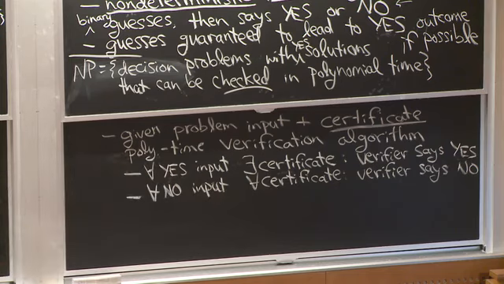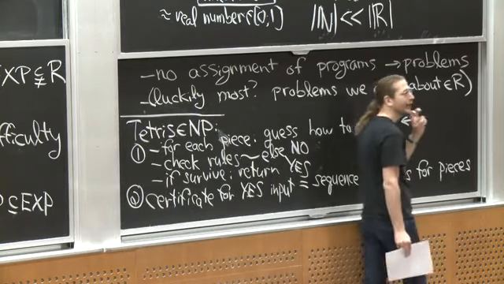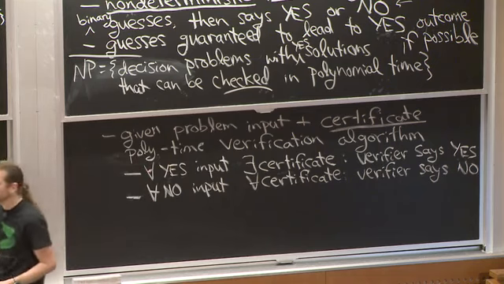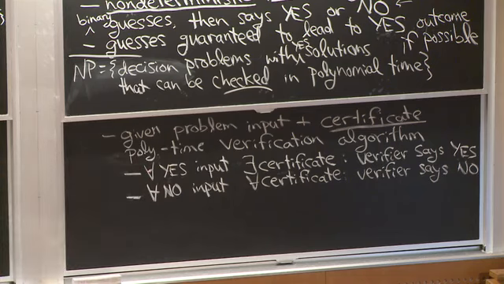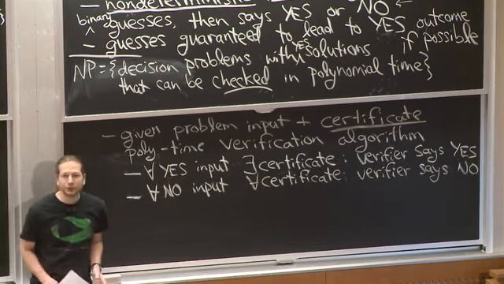But it's nice because it says on, say, Tetris, if I give you this sequence of pieces, it's very easy to write down a verifier which just implements the rules of Tetris. And so then you can at least check whether a solution is valid in the yes case. In the no case, we don't have anything useful. So NP is a structure, some additional structure about the yes inputs in your problem.